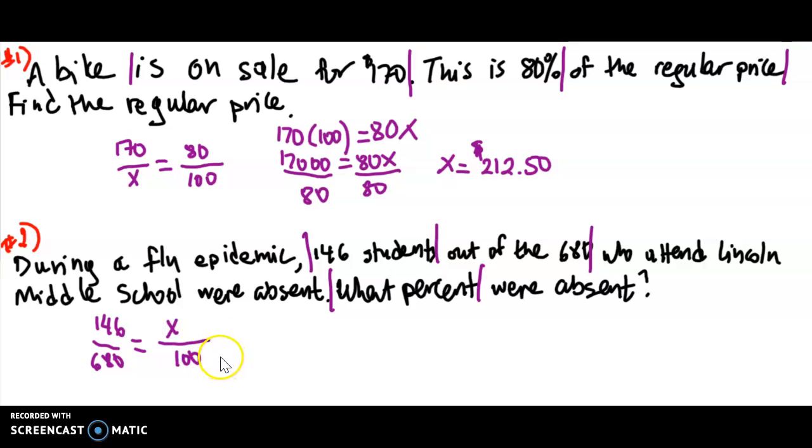So another way to solve a proportion is, since you want x by itself, you don't want that 100, so it's divided by 100. So I can multiply both sides by 100. Both sides of the equal. If I multiply both sides of the equal by 100, on this side I have x by itself, which is what I want. On this side, you multiply across.